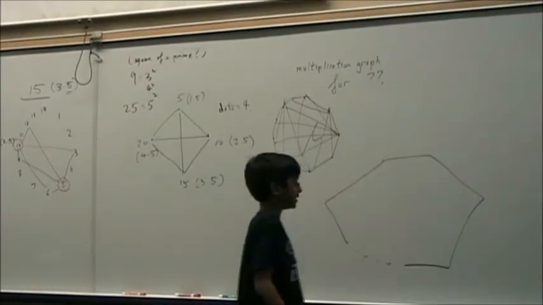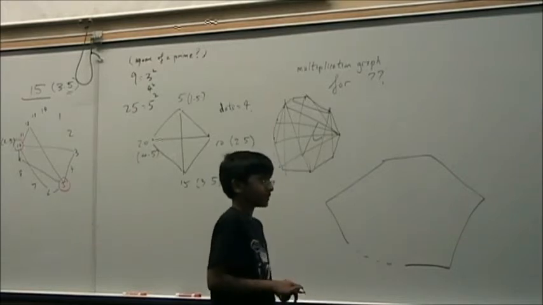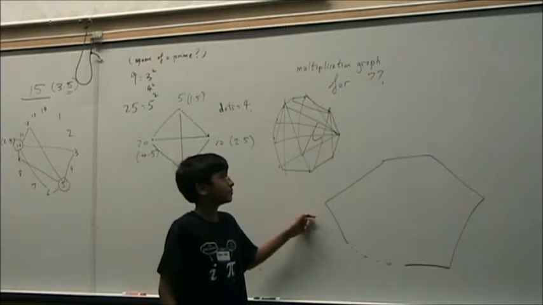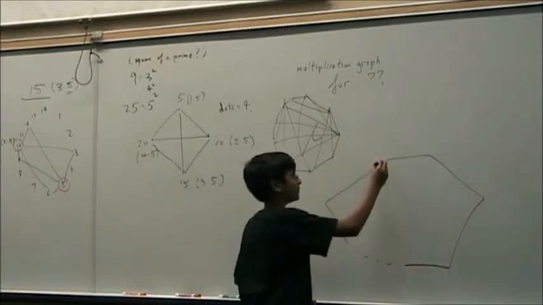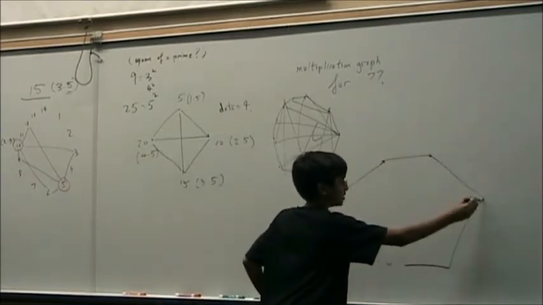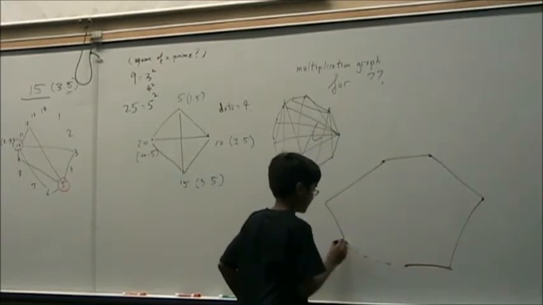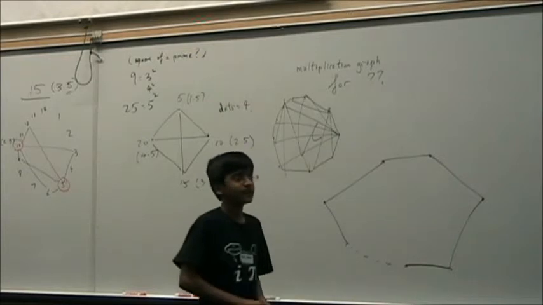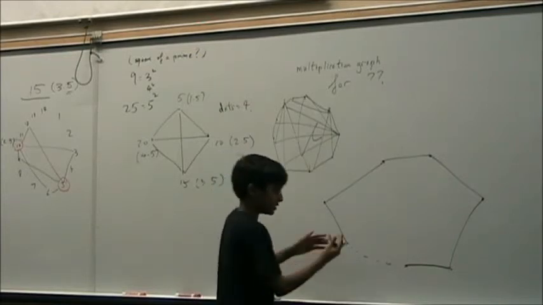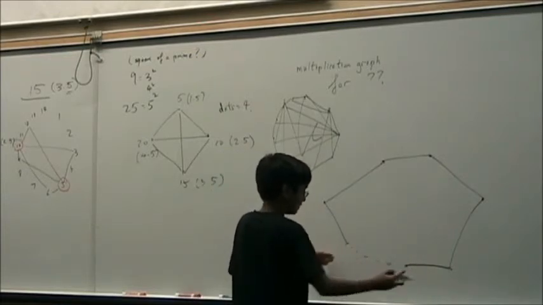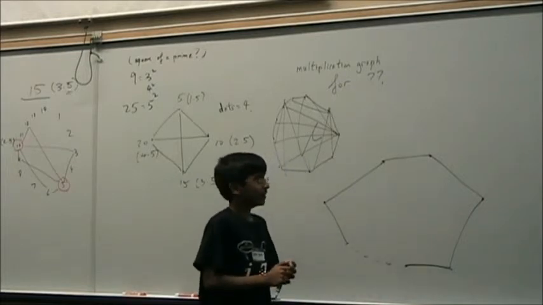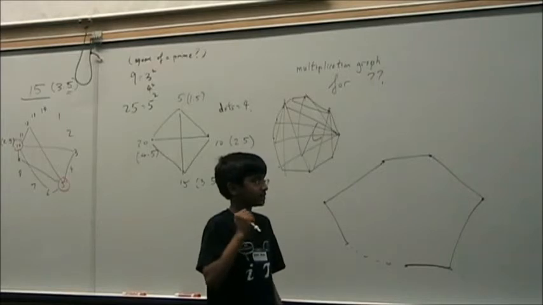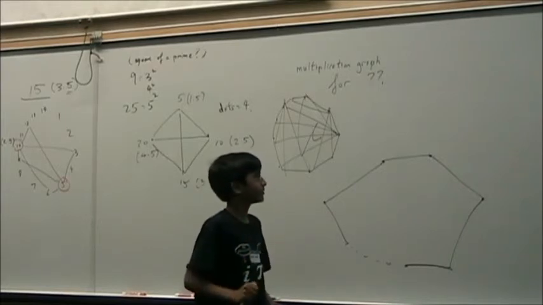So basically, what we were thinking is, is it possible to have any multiplication graph of this form where you have something like this, there are no lines across the middle, and this just goes on for a while? So in fact, there is no such possible graph.